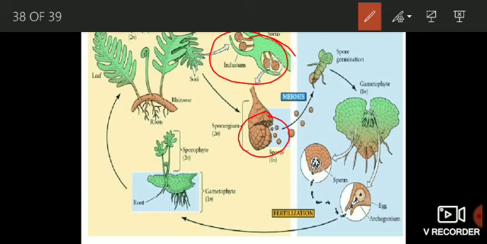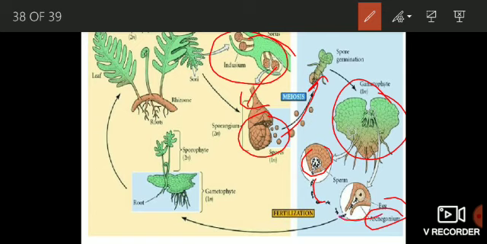I am taking just one sporangium, and the sporangium produces spores, and these spores germinate and form the gametophyte, and the gametophyte bears archegonia and antheridia. The antheridia produce antherozoids, and the archegonia produce the egg. The egg is not released from the archegonium, you have to remember this.